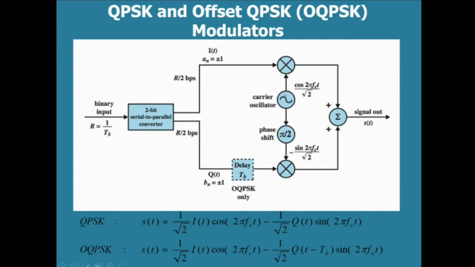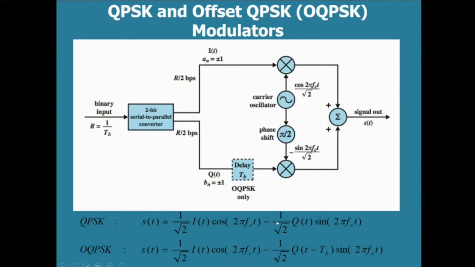The same oscillator is used for the quadrature component also by means of phase shift. The carrier signal after generation will undergo a phase shift of 90 degrees, pi by 2, so it becomes minus sin 2 pi fc t divided by square root 2.